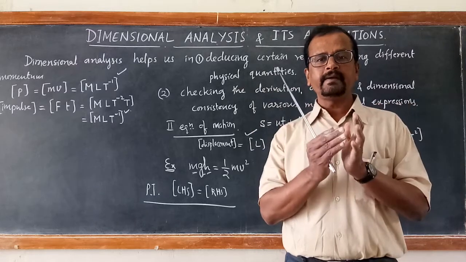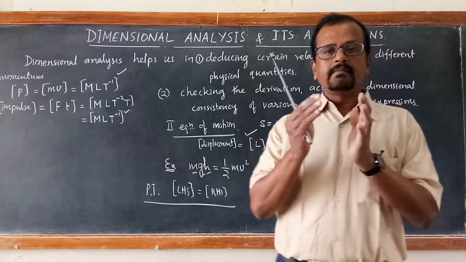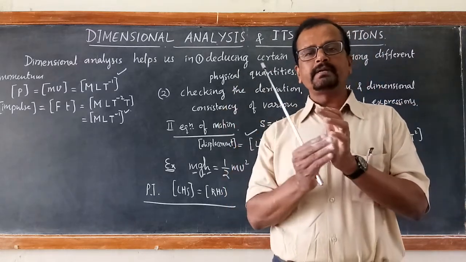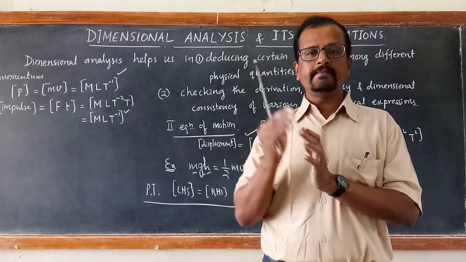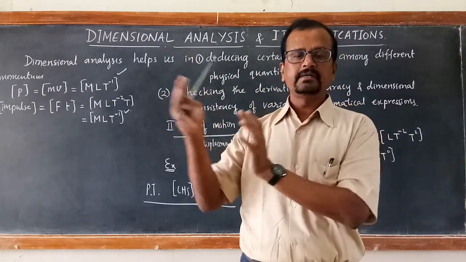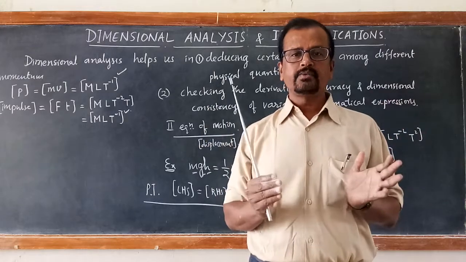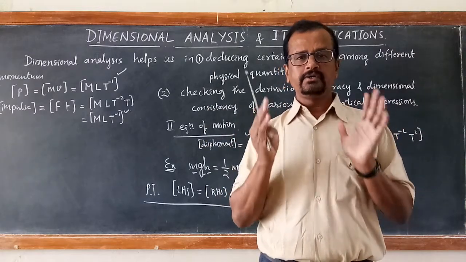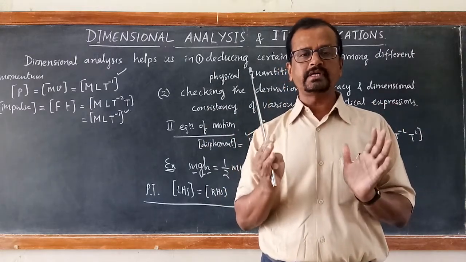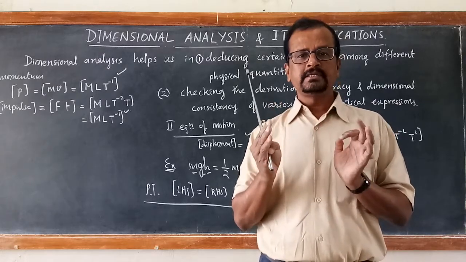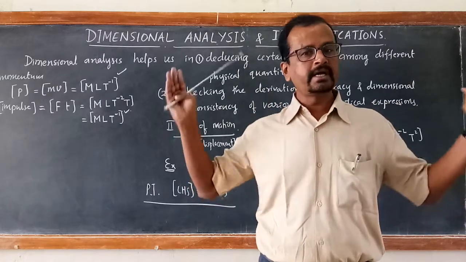You can multiply velocity with time, you can multiply acceleration with time. That gives us a different physical quantity. Whereas when you are adding or subtracting, you must add physical quantities having the same units. Physical quantities having different units cannot be added.